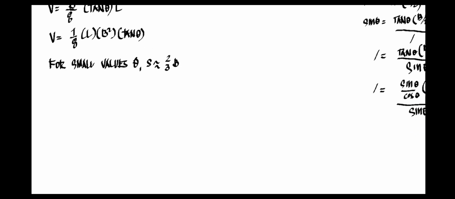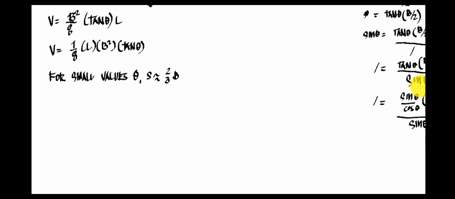You will notice we have cancellations here. We cancel out the sine of theta, so your slash is now equal to B over 2 divided by the cosine of theta.